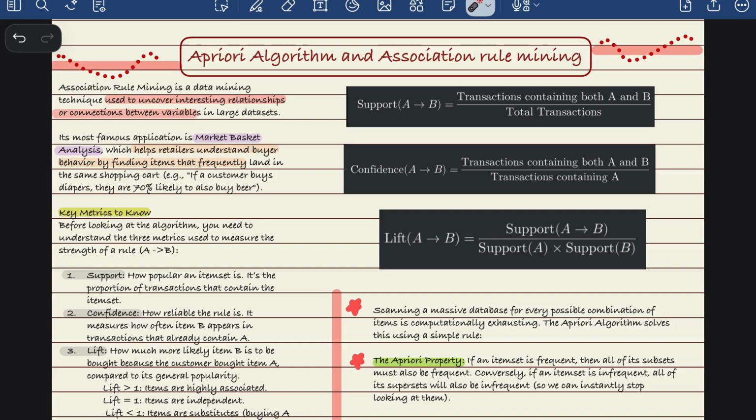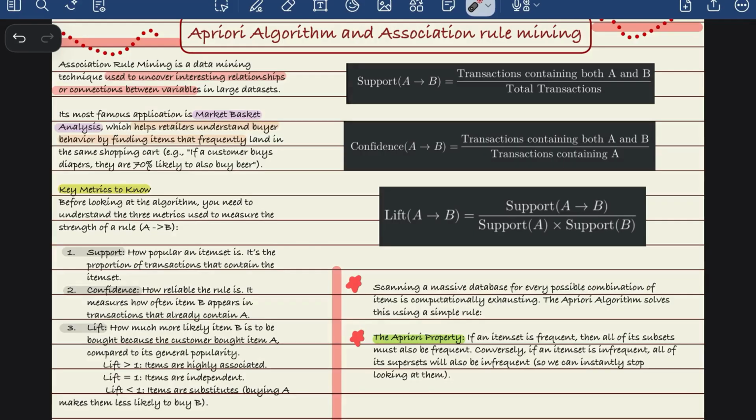Given that item A is purchased, how often does item B also appear? So we want to see how reliable the rule is. We write confidence of if A then B as the transactions containing both A and B over the transactions containing only A.